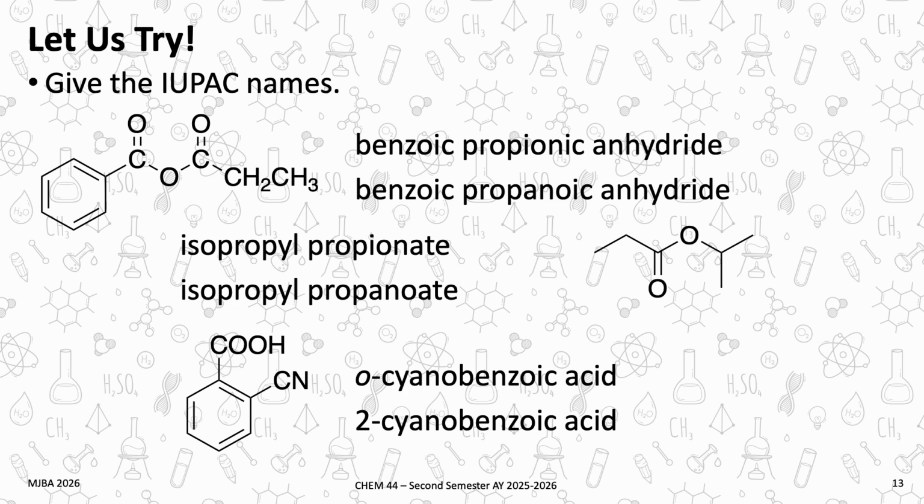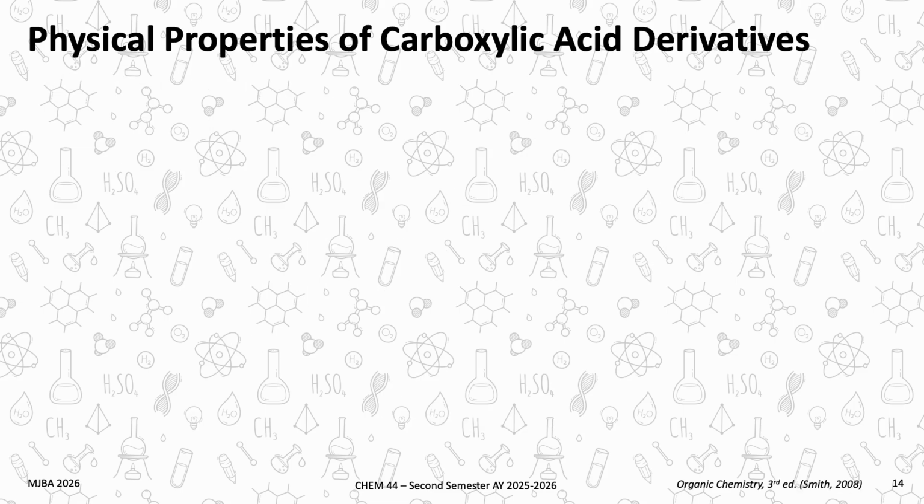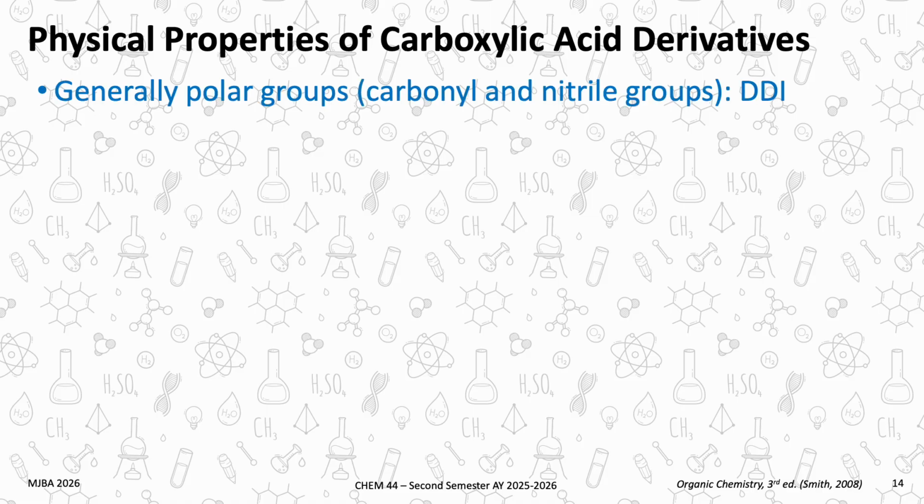So that's for naming the different carboxylic acid derivatives. Now, generally, when we look into the properties of these carboxylic acid derivatives, just as with carboxylic acid, because of that polar C double bond as well as the C triple bond group for the nitrile, these compounds generally have dipole-dipole interaction.